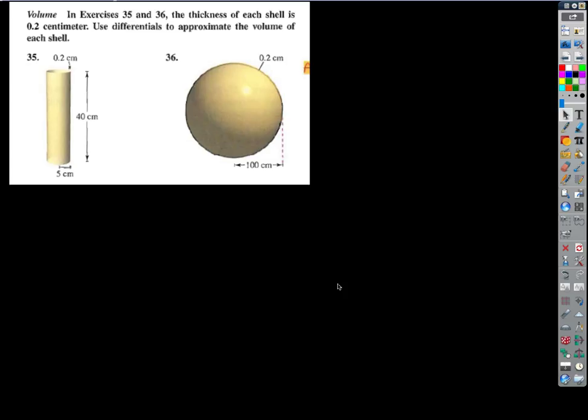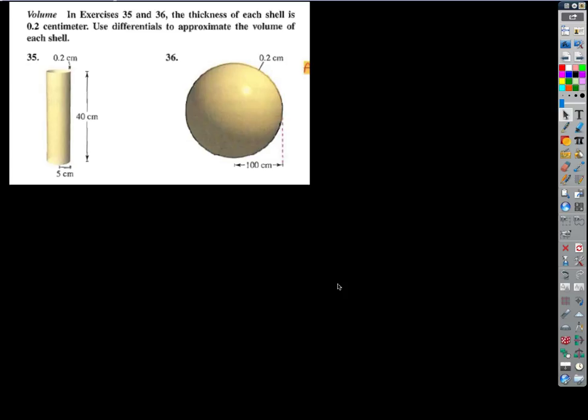We could add up the incremental additions in volume of all those little dVs and actually use calculus, without a formula, to calculate the volume of that sphere. But I don't want to jump ahead too far. Does this make sense? So how would you do this one then?